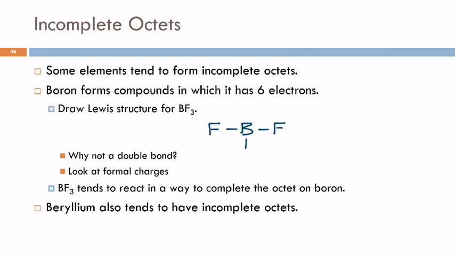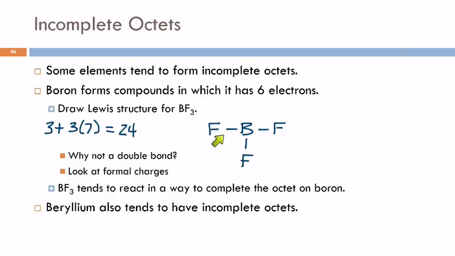Remember, the more electronegative element is often terminal. And so fluorine is very electronegative, and so we'll put him terminal around here. How many valence electrons do we have? 24. 3 for the boron, 7 each for the fluorines.